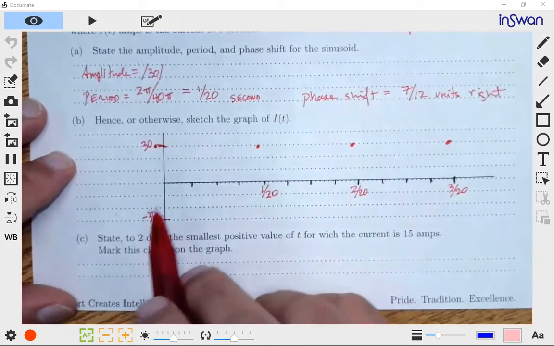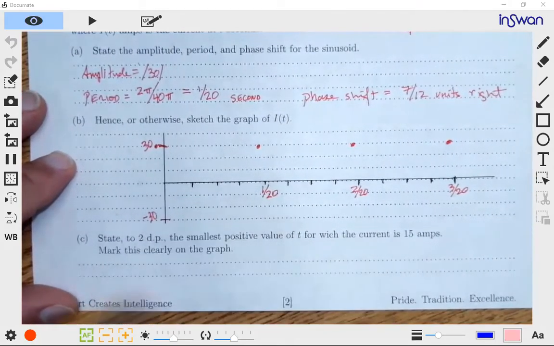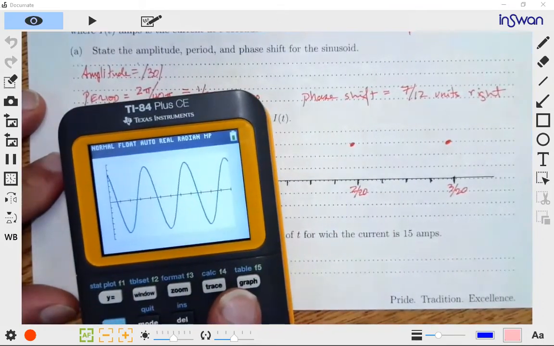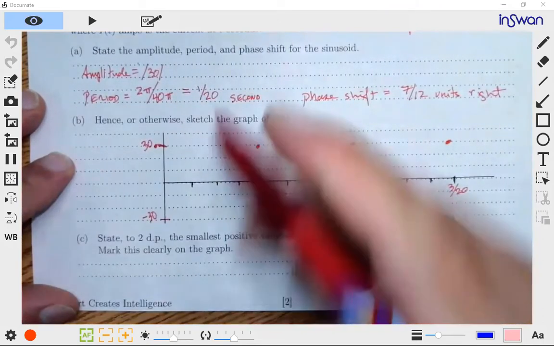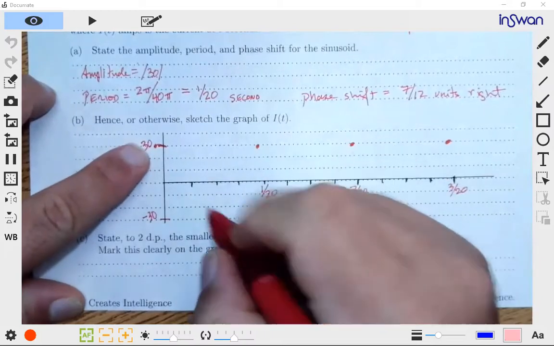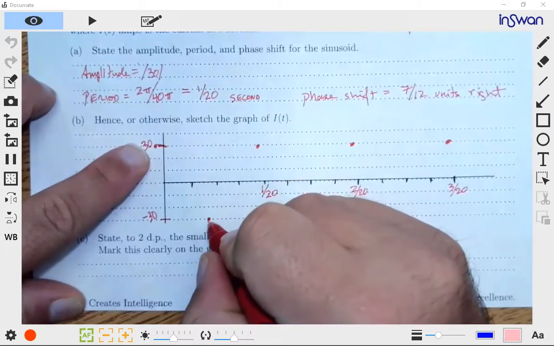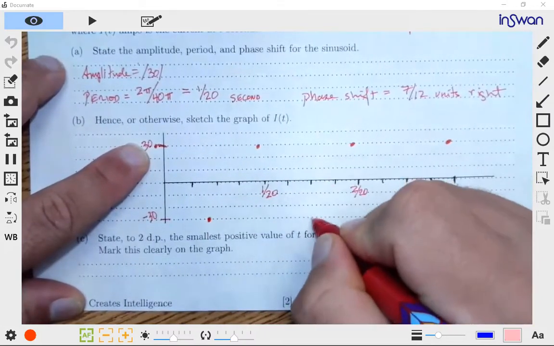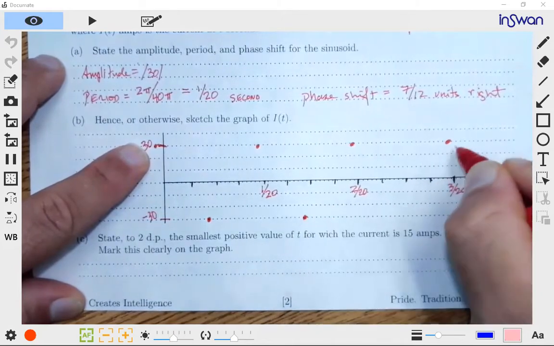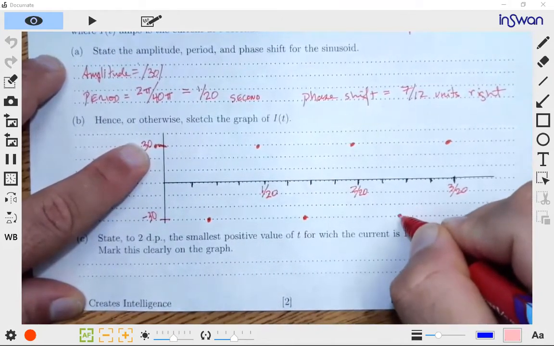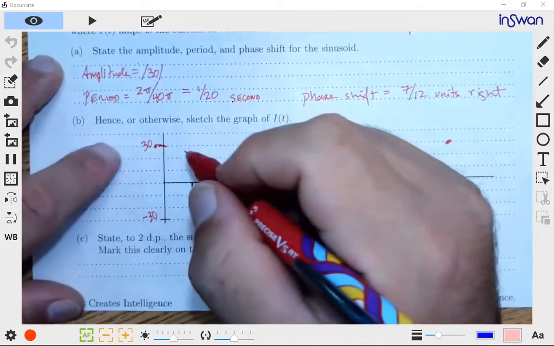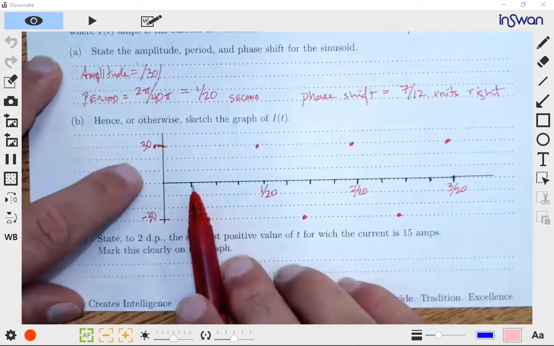My minimums do occur halfway in between my maximums, so just a little bit before, halfway in between, and so on.